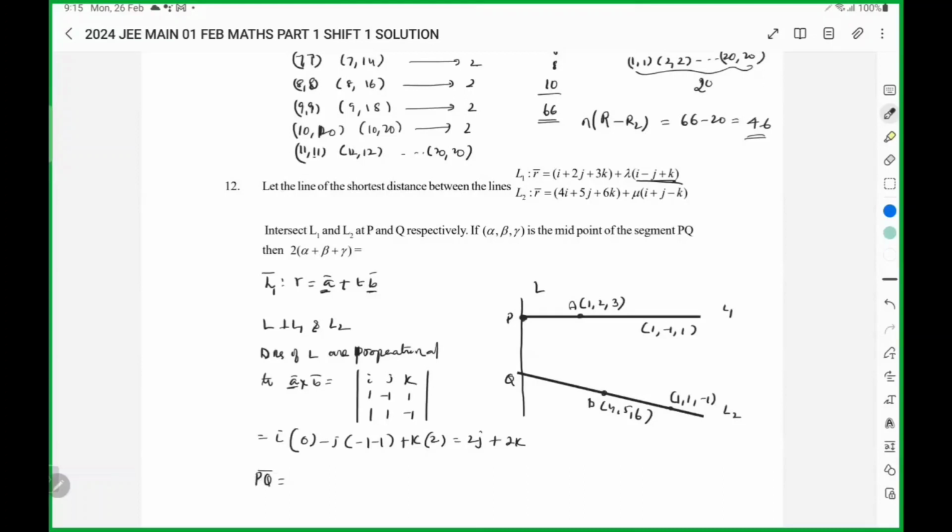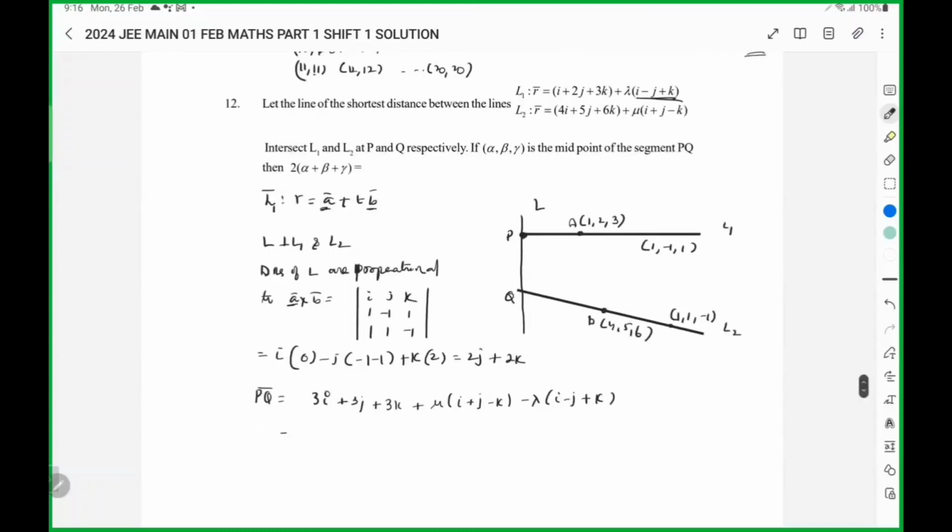So PQ bar, where R bar is any point on the line, PQ bar will be just the subtraction of P and Q, that is 3i plus 3j plus 3k plus mu into (i plus j minus k) minus lambda into (i minus j plus k).